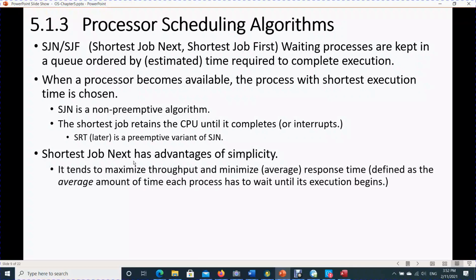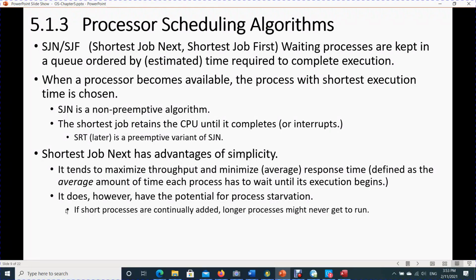It does, of course, require an estimate of time required for execution. It tends to maximize throughput, and tends to minimize the average response time, the average amount of time processes have to wait. Individual processes might end up waiting considerable time.